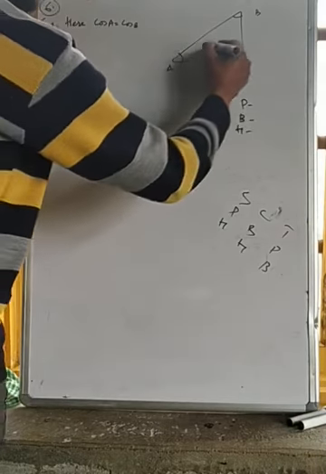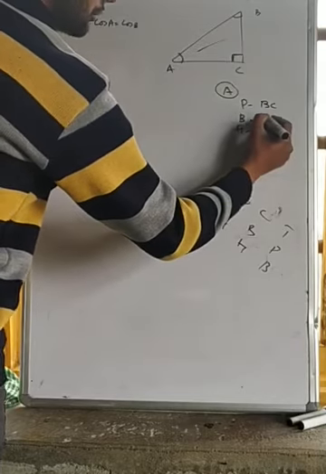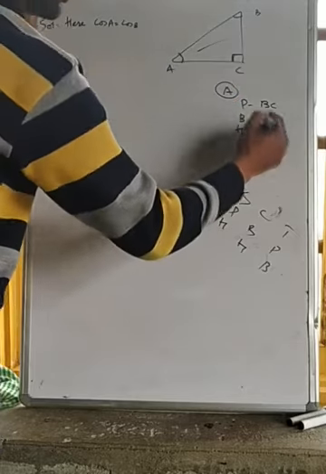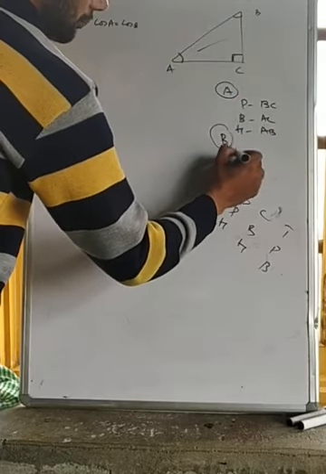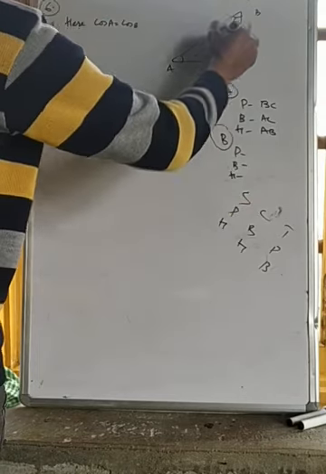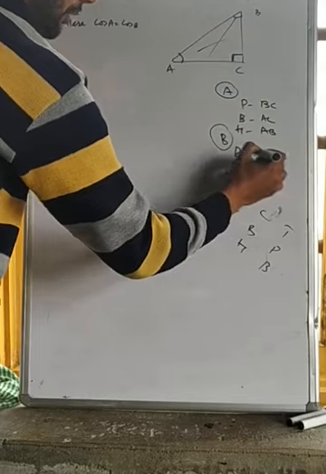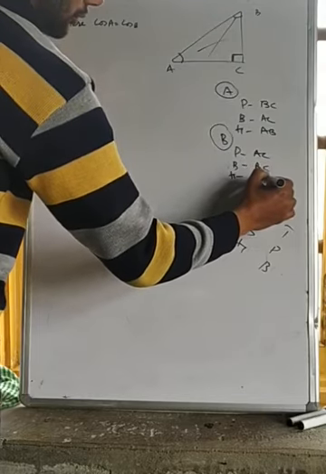For angle A, this is the perpendicular BC. Base is equal to AC because it's the adjacent side, hypotenuse will be AB. For angle B, the perpendicular is AC, base is BC and hypotenuse is AB.